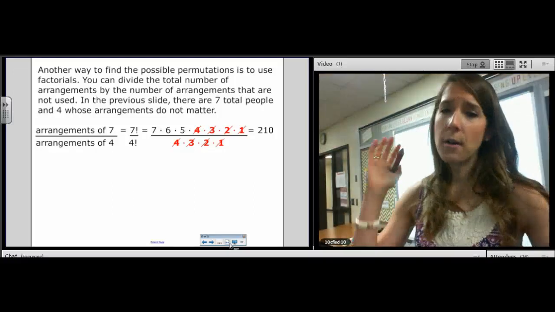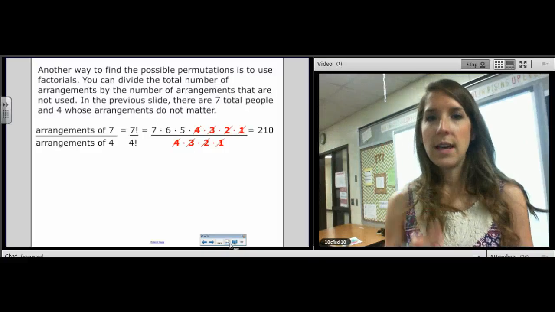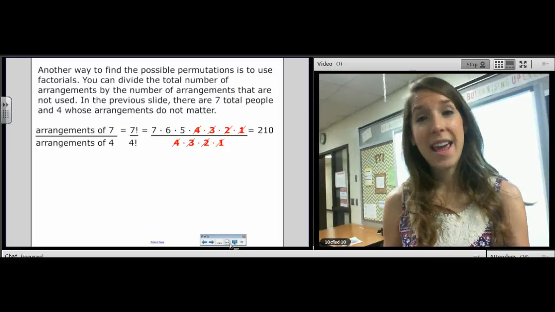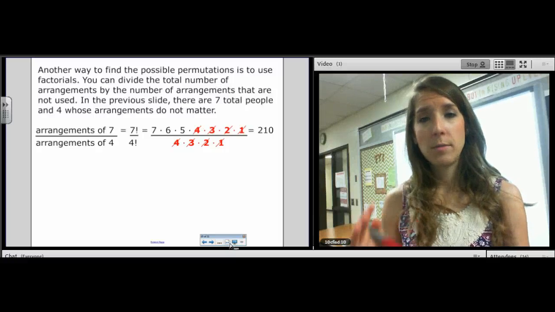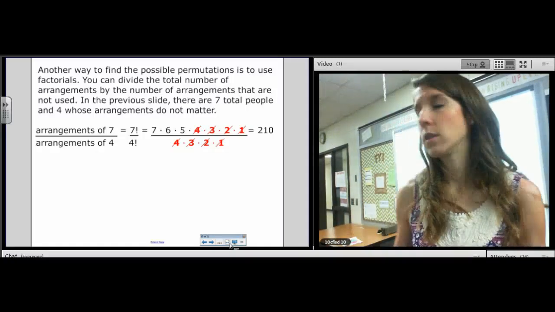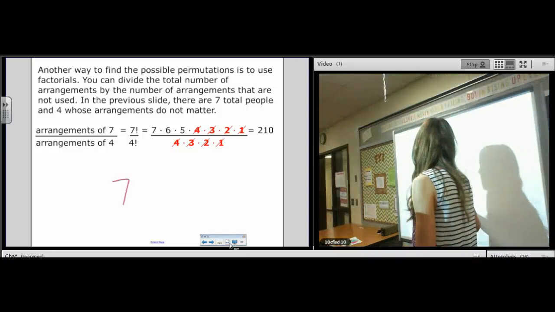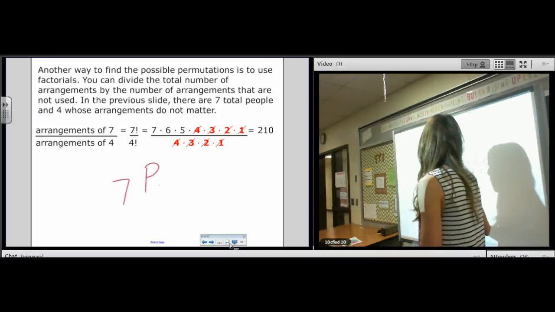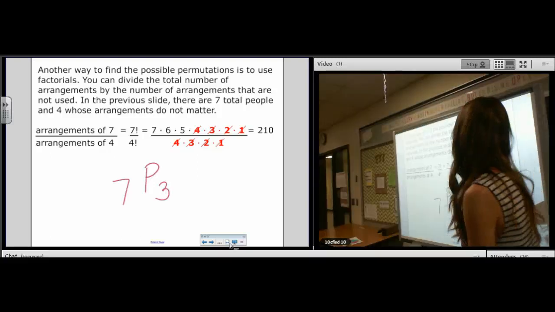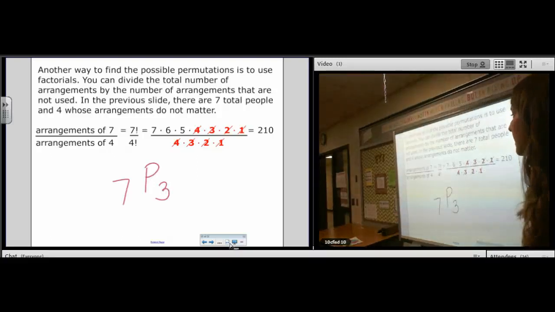If you want to say, how can I arrange 7 people, you do 7 times 6 times 5 times 4 times 3 times 2 times 1. But then you want to take out 4 times 3 times 2 times 1 because you're only choosing 3 people. So this is 7, choose 3. We want to take out all of the other ones because we are only choosing 3 people. So that's how the formula works.